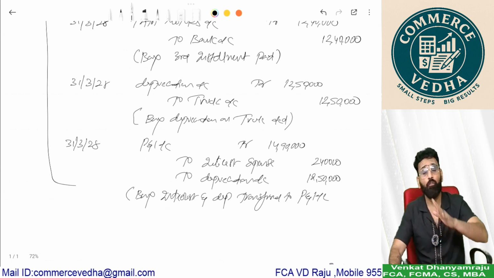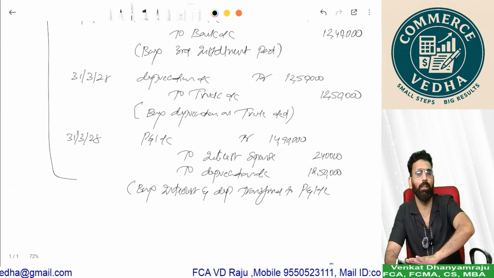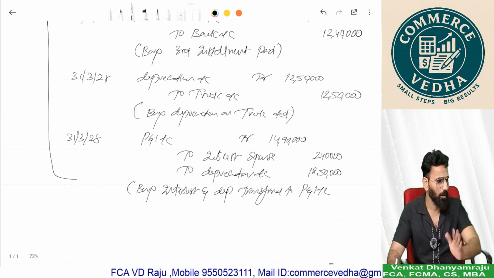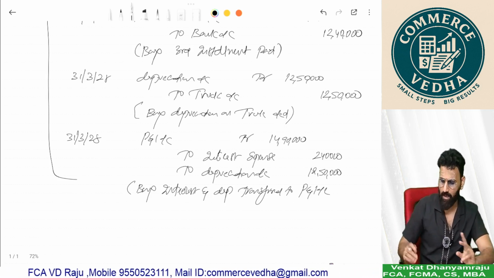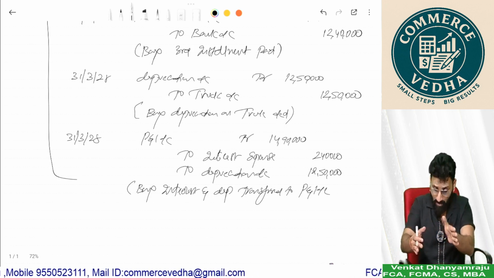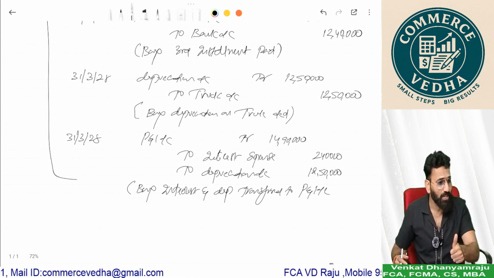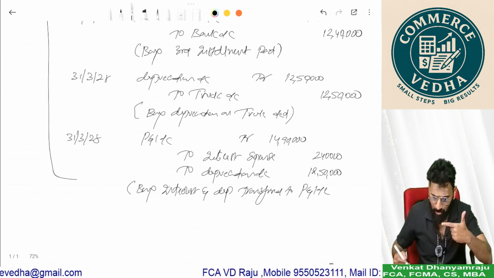At the end of every year, all the expenses shall be transferred to P&L account. In this case, we have only two expenses in this transaction. One is interest, the other one is depreciation.